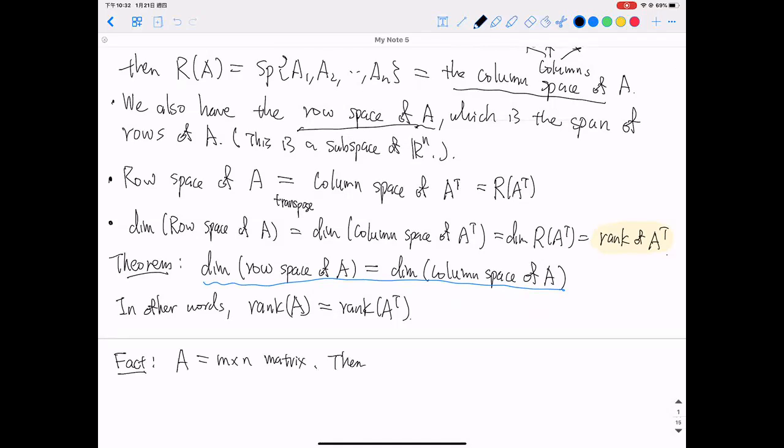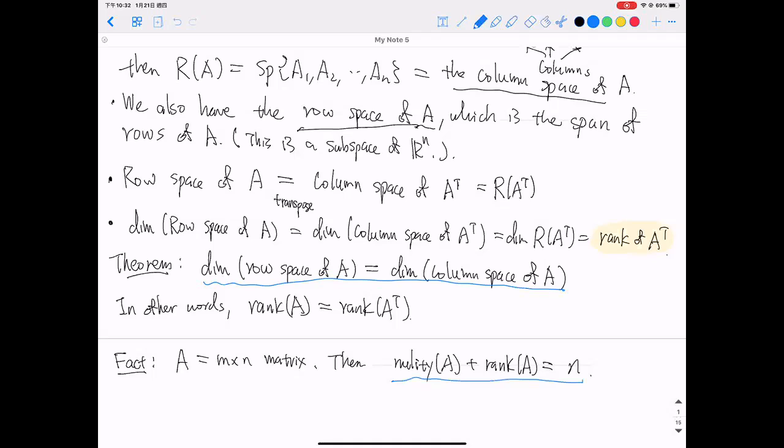Then we have the notion of nullity of A. We also have the notion of rank of A. The statement is that their sum is equal to n.